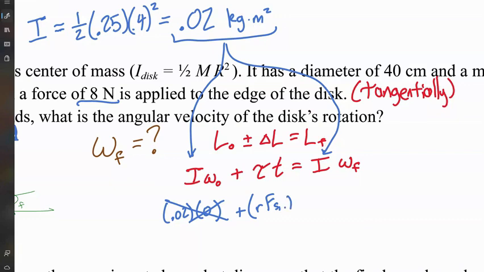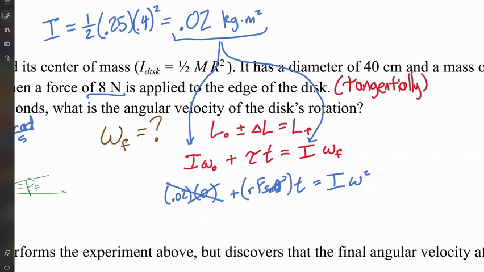The sine theta goes away because the force is tangential to the disk, so perpendicular, for some amount of time, equals I omega final.